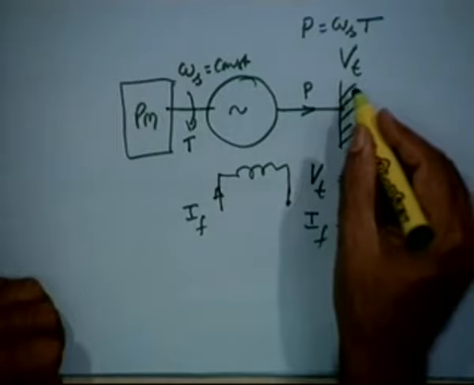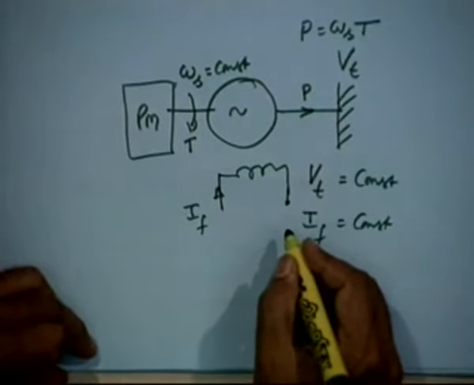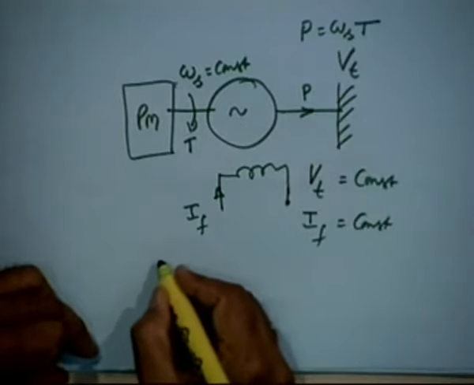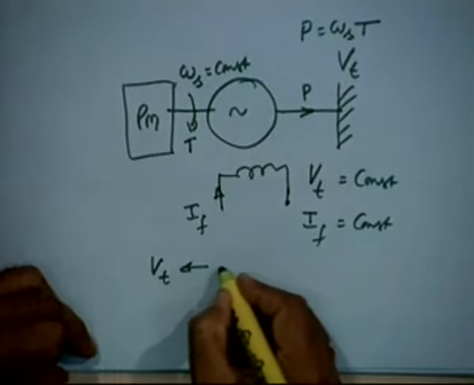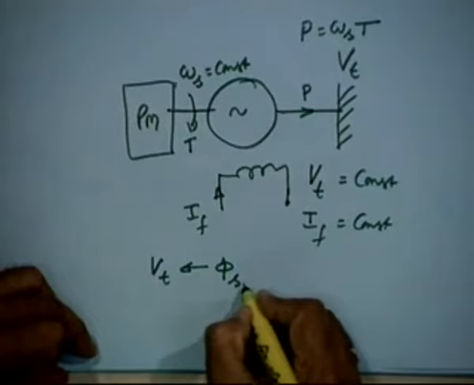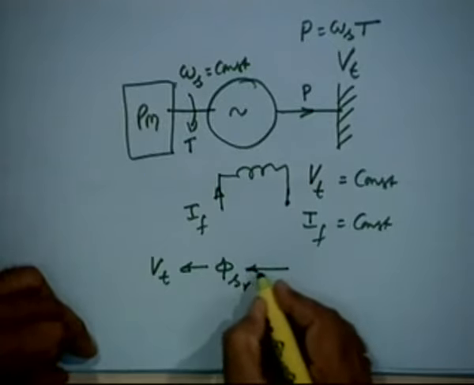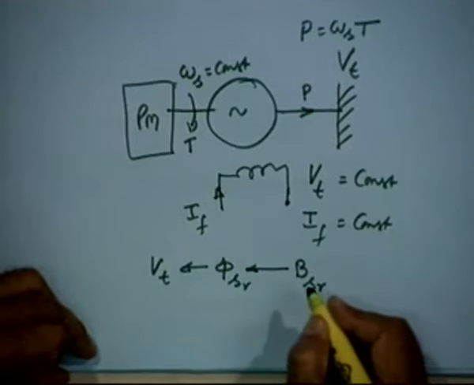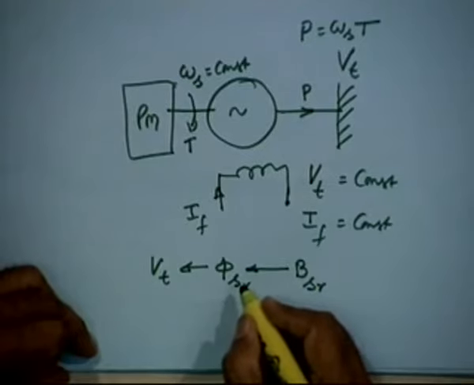Now Vt is given. Vt is due to the resultant flux, that is what you measure at the terminals. So Vt is due to phi SR. Phi SR provides you Vt, and what provides you phi SR is the net peak of BSR. That is what gives you phi SR, the net flux per pole in the air gap.